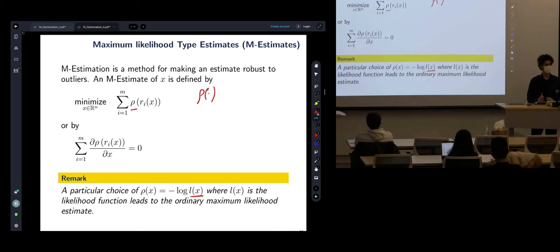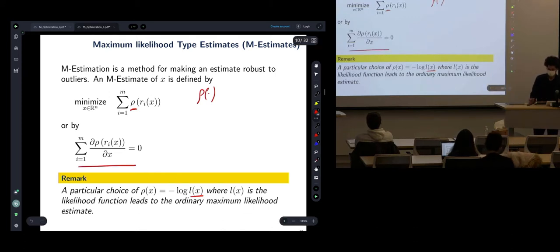However, that might not be the best choice if we're dealing with outliers. So the general idea is to use a robust-to-outliers kernel instead of the L2 norm. Or you can define it this way. You can go back and define the necessary condition using this kernel.